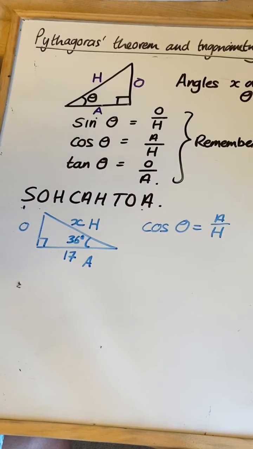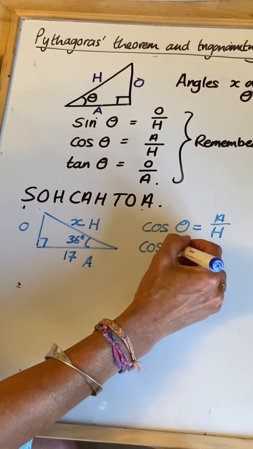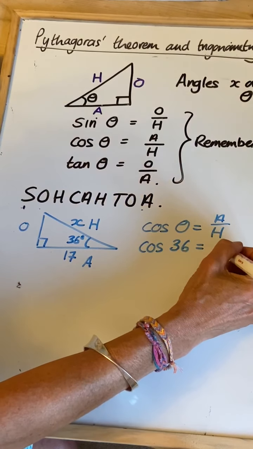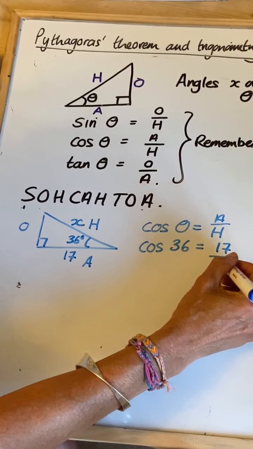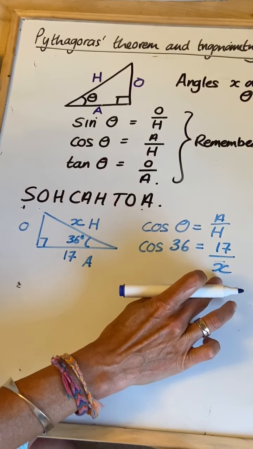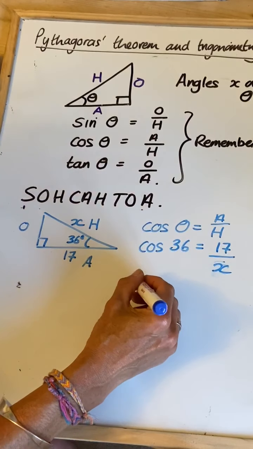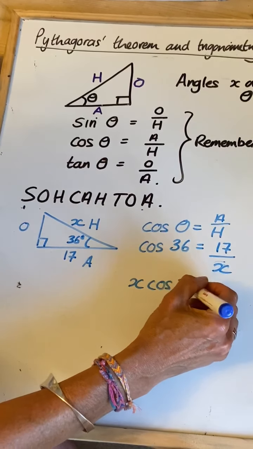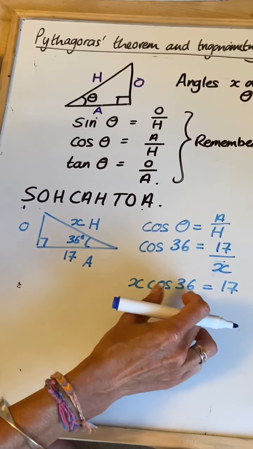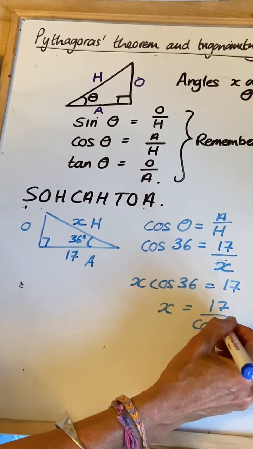Now I'm going to fill in what I know. I know theta. So cos of 36 is going to give me, I know my adjacent side, that's 17, and that is over the hypotenuse, which I'm going to call x here. I want to find x, so I rearrange this little equation. I multiply through by it. x cos 36 would be 17, and then I can divide through by cos 36. x equals 17 over cos 36.